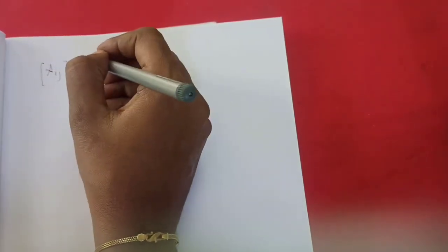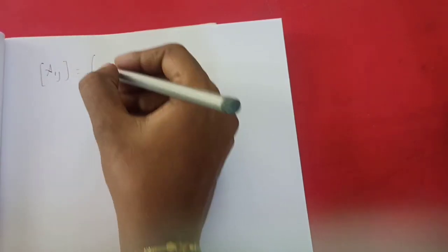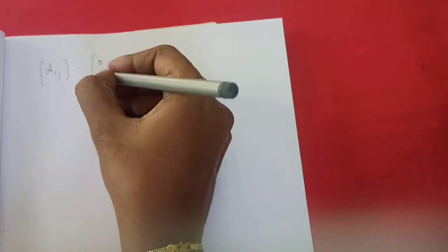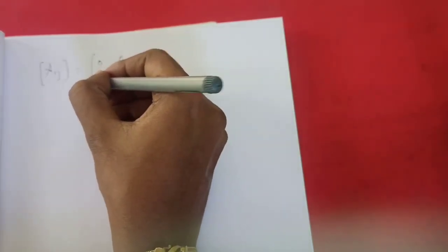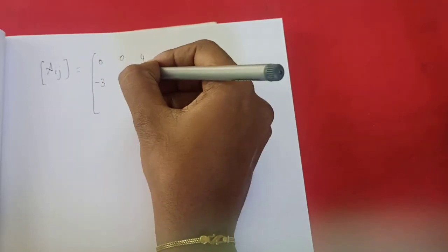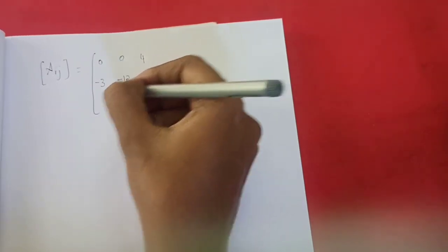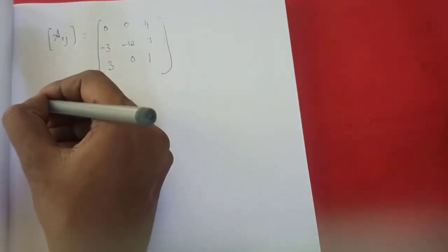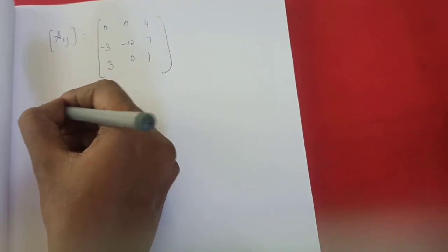This is the cofactor matrix, which is equal to, the first row is 0, 0, 4. Then A21, what's the element? Minus 3. A22, minus 12. A23, 7. Next row 3, 0, 1. So this is the answer. Now you have found the cofactor matrix. So what is the meaning of Aij?